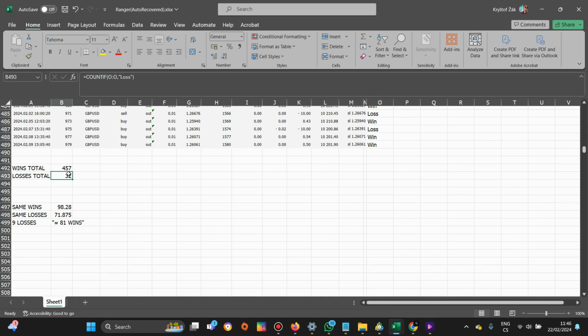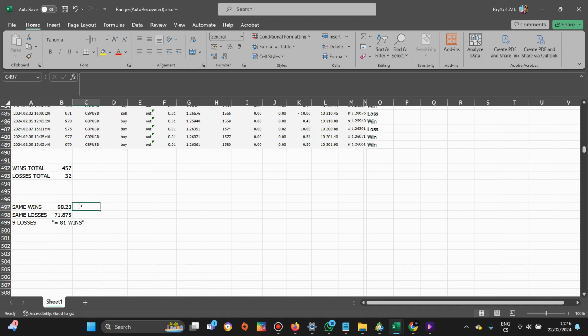These numbers on their own don't tell us that much, but if we put them into context, then we can see what's happening. In percentage, we had a match between our winning positions of 98.28%, which is significant because we can say that it's almost the same.